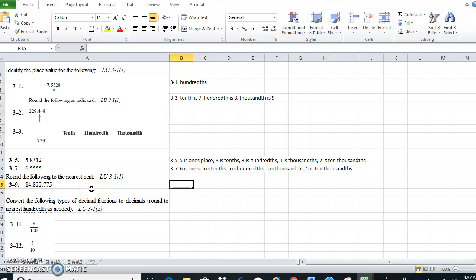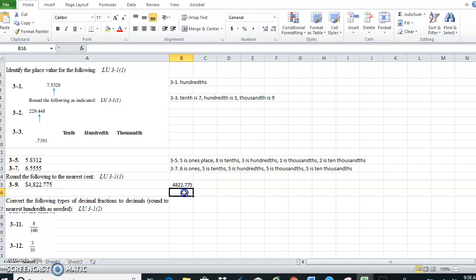Or we can just eyeball it and know that if something cost you $4,822.775, which was 77 and a half cents, you know that you're going to be charged $4,822.78.